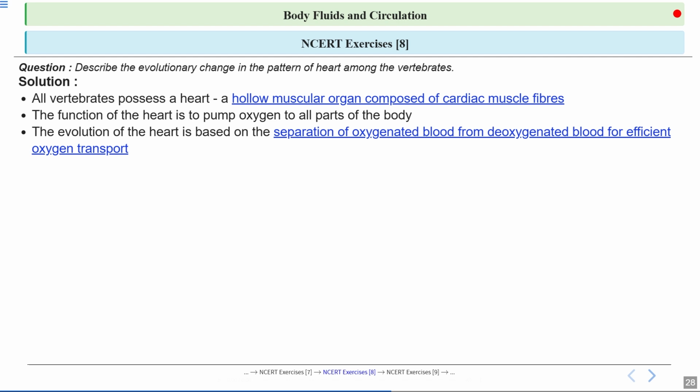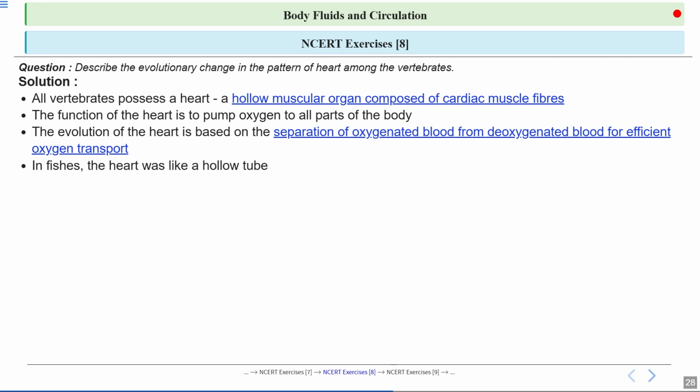Now, a major evolutionary trend in the heart is the separation of oxygenated and deoxygenated blood. This separation allows for more efficient oxygen transport, which is especially important for animals with higher energy needs like birds and mammals. In the earliest vertebrates such as fishes, the heart was very simple, almost like a hollow tube.